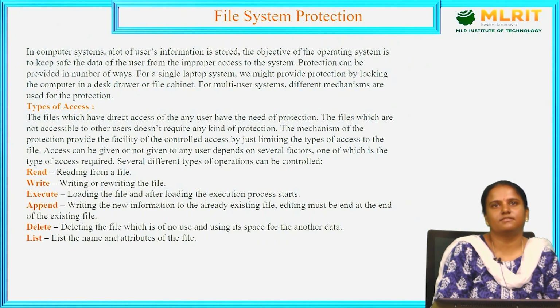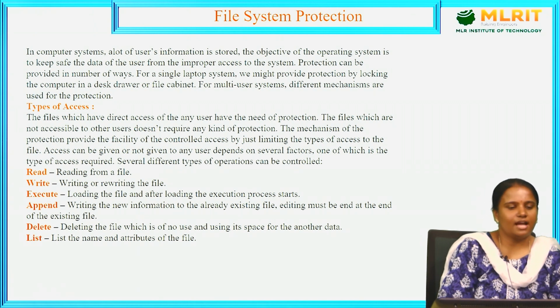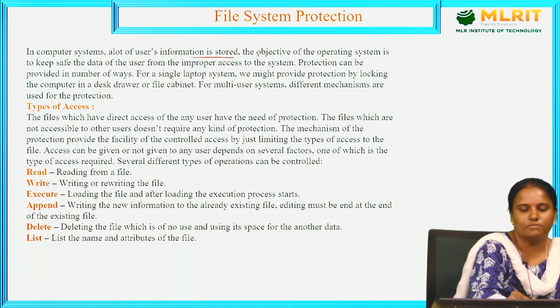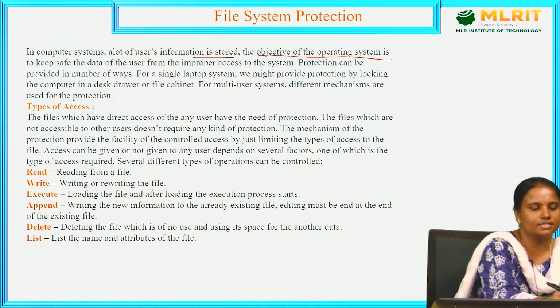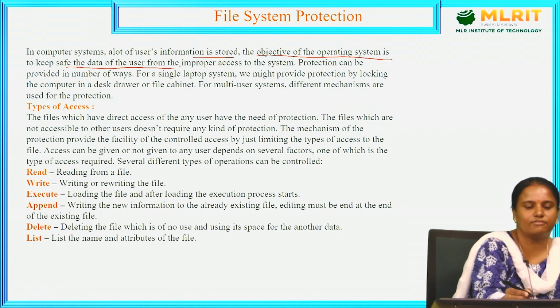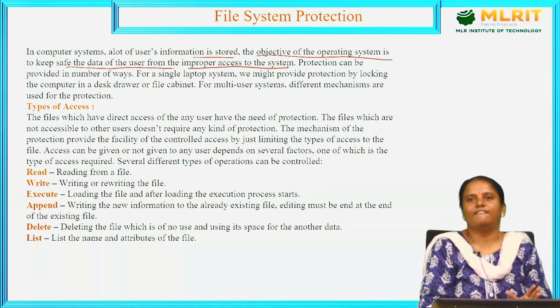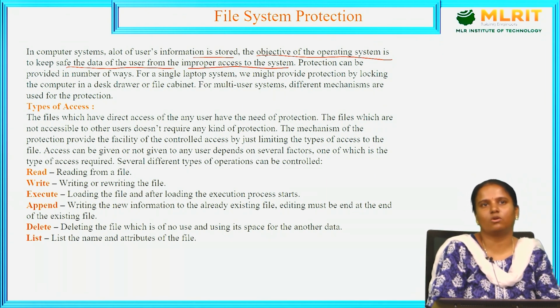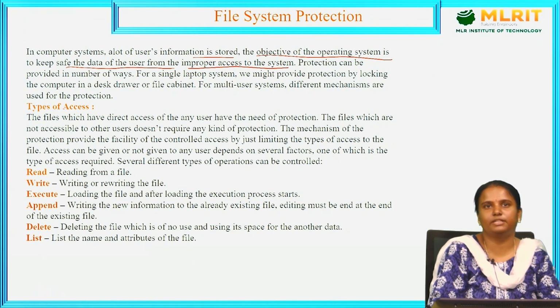So first, file system protection. In a computer system, a lot of users' information is stored. The objective of the operating system is to keep the data safe from improper access. Whenever the data is required, only the particular person stores the information and keeps it safe with security keys, so an unauthorized person cannot access that data or those files.